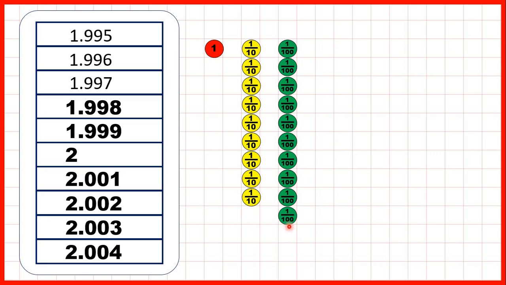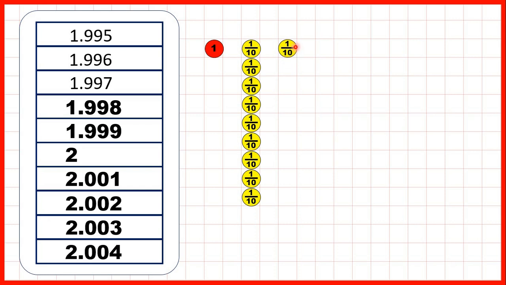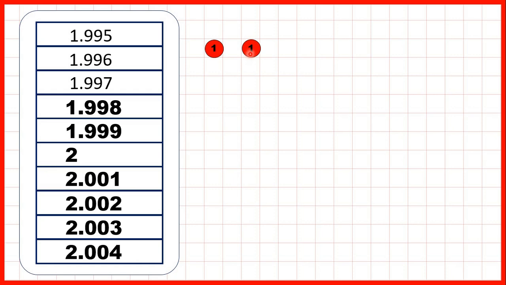But now we have 10 hundredths counters, and we can exchange those for 1 tenth, because 1 tenth is the same as 10 hundredths. But now we have 10 tenth counters, and 10 tenths is the same as 1 whole. So that's why we have 2 wholes altogether now.